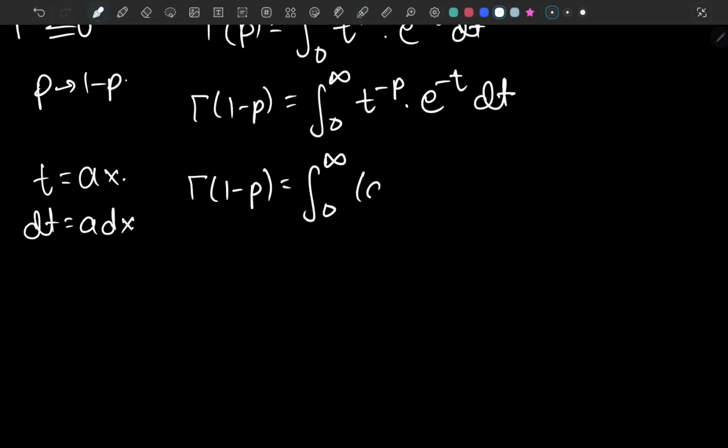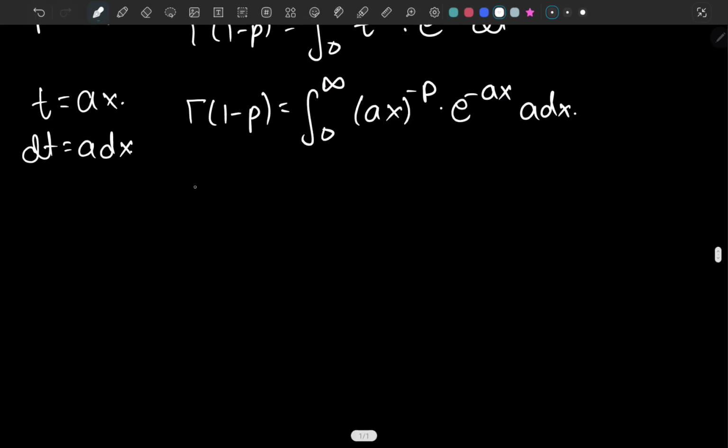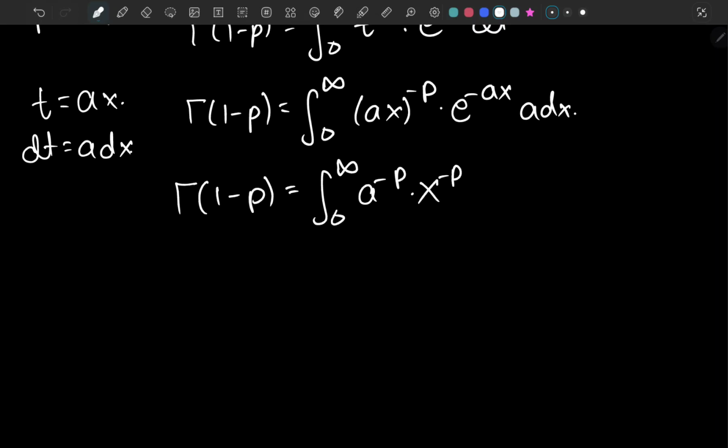So it's ax to the minus p, and e to the minus t is e to the minus ax, and don't forget the a dx. I just forgot the factor of a over there, but it's all right. Gamma of 1 minus p equals the integral from 0 to infinity of a to the minus p, x to the minus p, e to the minus ax, a dx.